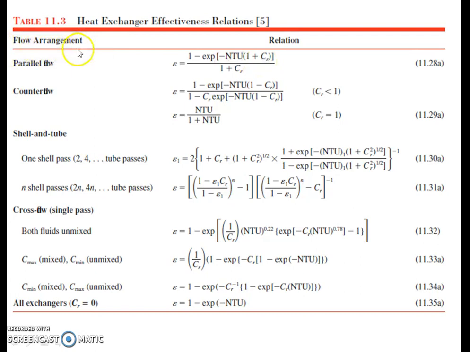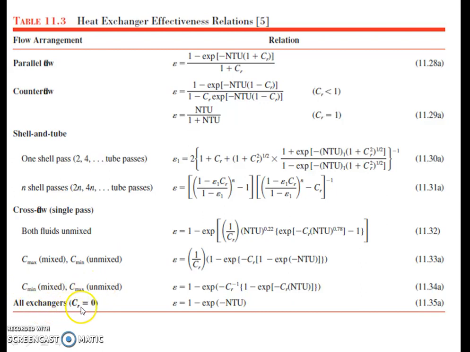For the flow arrangement, we have different types. We have parallel flow, counter flow, and shell and tube, where we have one shell with multiple tubes, or multiple shells with multiple tubes. Also, we have cross flow in single pass, where both fluids are unmixed, or C maximum is mixed and C minimum is unmixed, or C minimum is mixed and C maximum is unmixed.